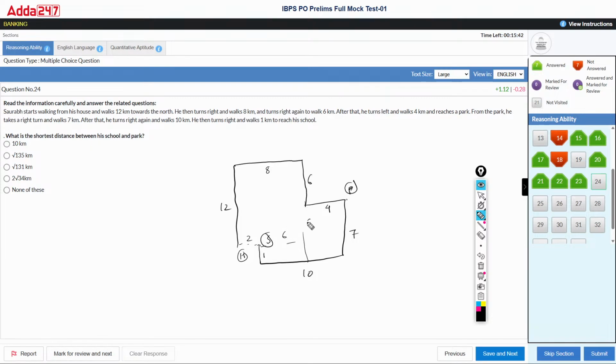And this is also 6. To park here, right? So 10 and 6, 136. If I take 4 common, then it's 3, 4. So 2 root 34.